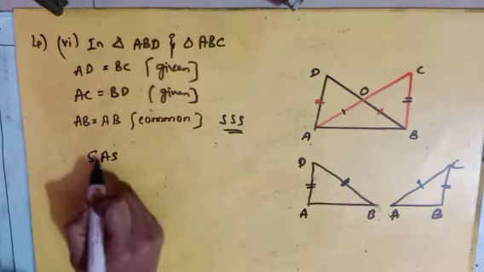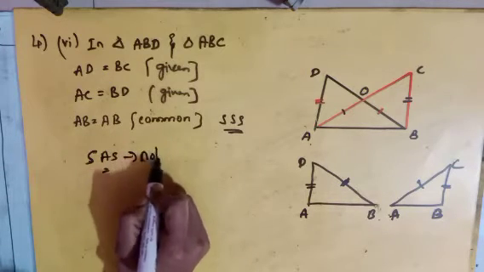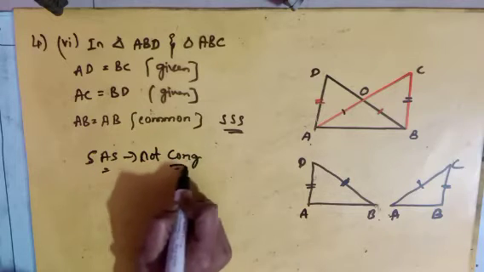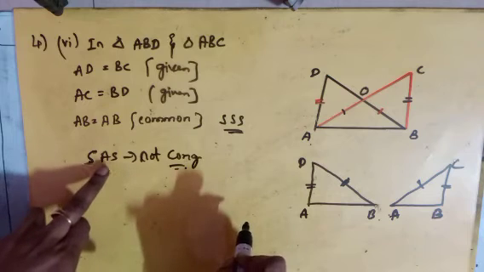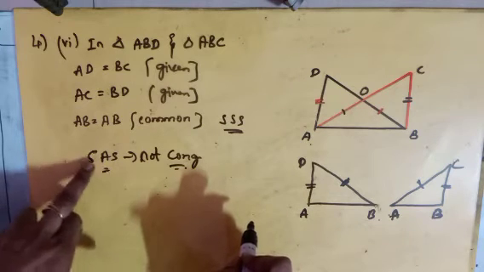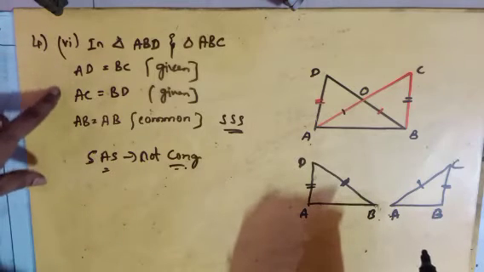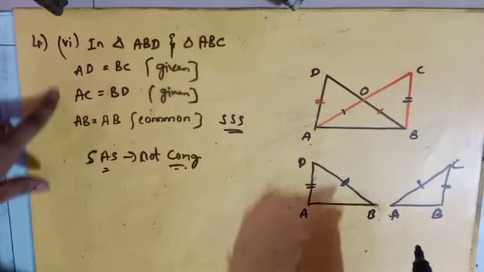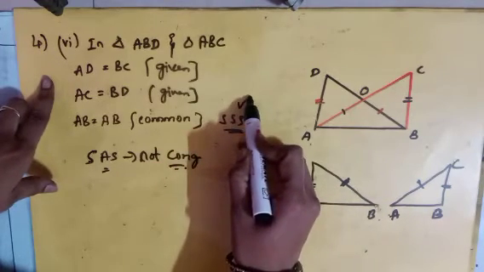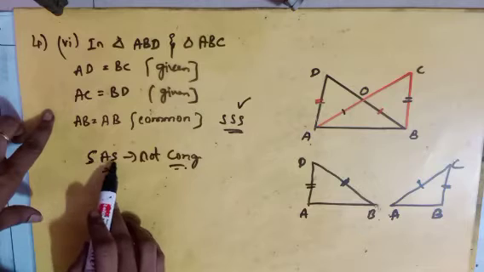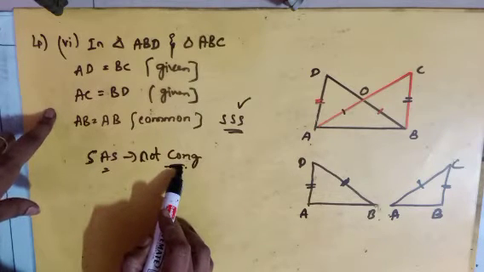According to SAS, it is not congruent, because according to SAS, two sides and the angle included between the two sides should be given. But according to the figure, only three sides are given, and the angle is not given. So according to SSS, it is congruent, but according to SAS, it is not congruent.